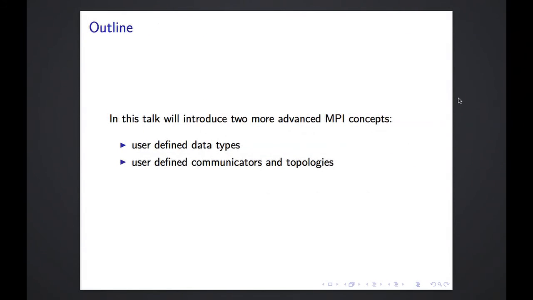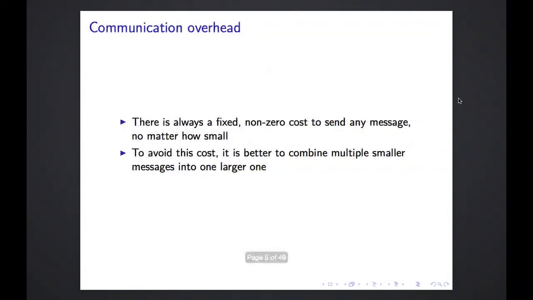In this part, I want to cover two additional advanced MPI concepts. The first one is user-defined data types, and the second one is user-defined communicators and topologies. So why do we need a user-defined data type? We need it because communication always has overheads.